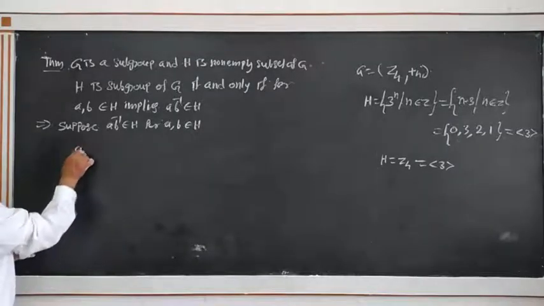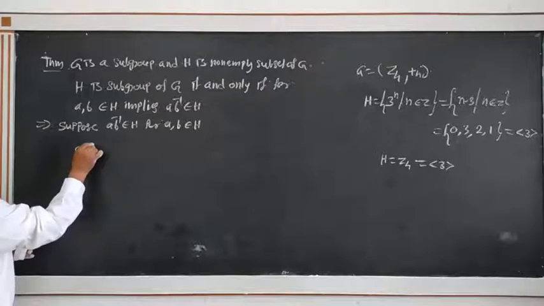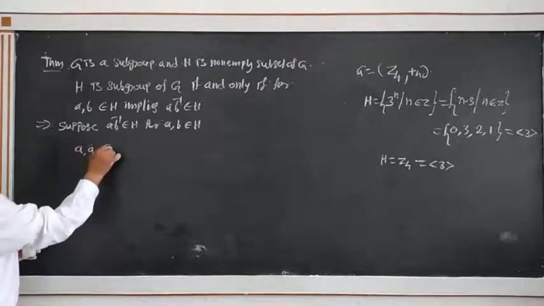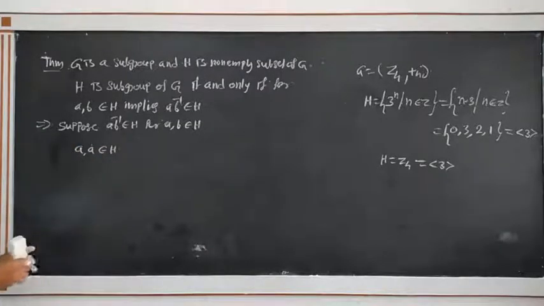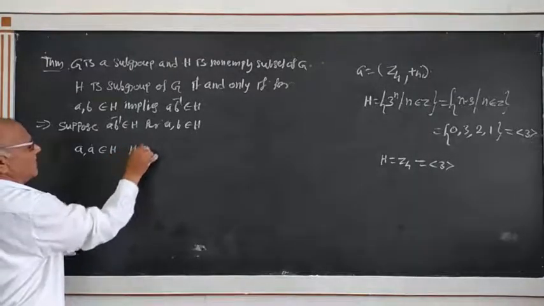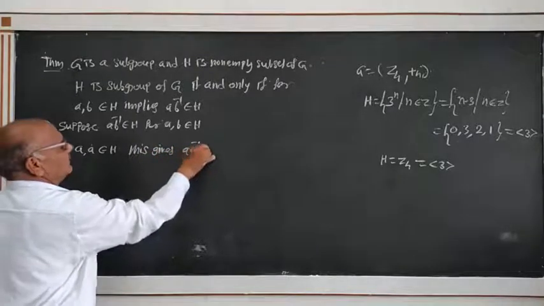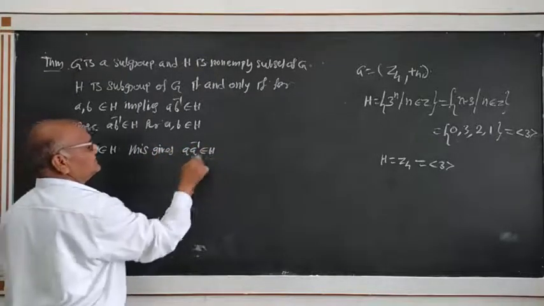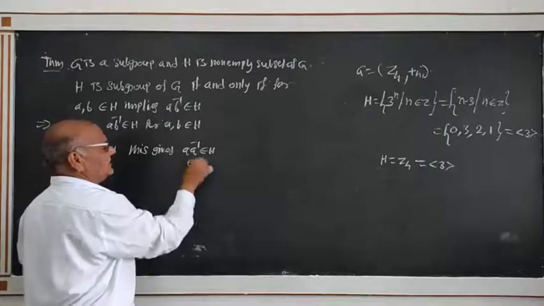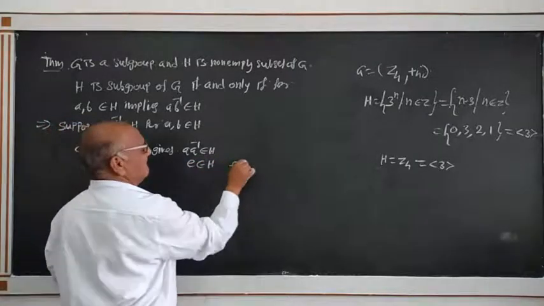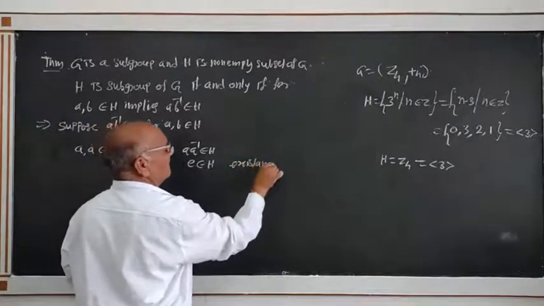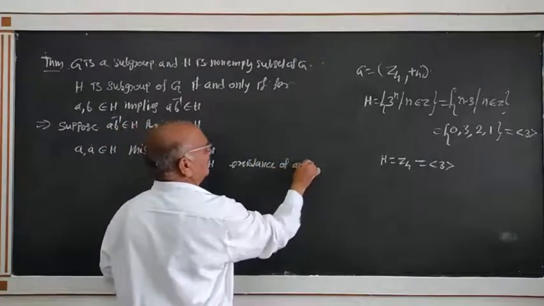Here, take a, a belongs to H. This gives a a inverse belongs to H. That means e belongs to H. Existence of an identity.